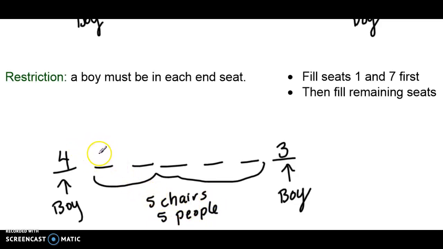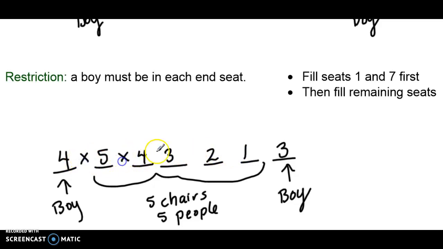So we're just going to say, I'm going to seat chair 2 first. There are 5 people I can choose from. Again, once that person is seated, there remain 4 choices to sit in the next chair, and 3, 2, 1.